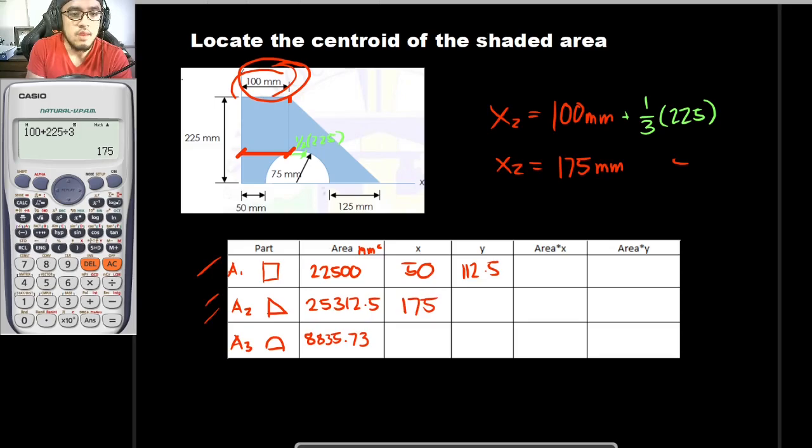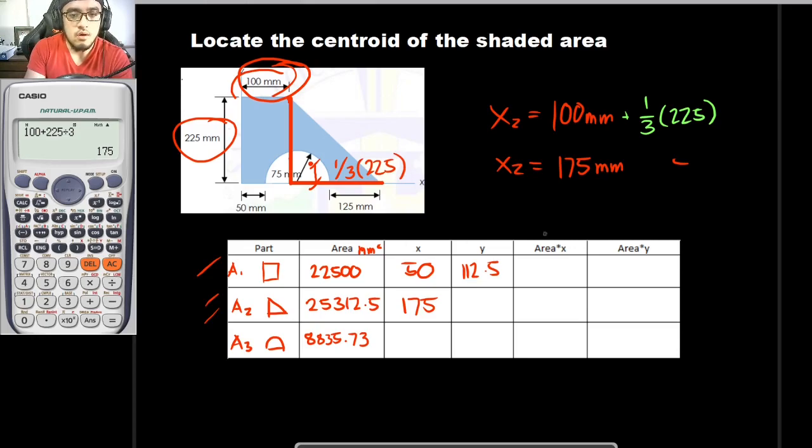So our x for A2 is to be 175 mm. And as for the bar y, erasing this, our bar y for this particular triangle, if this is the centroid of this triangle, assuming that it is here, this is also 1/3 of this dimension right here, which is also 225.